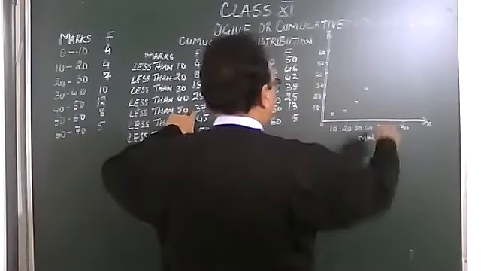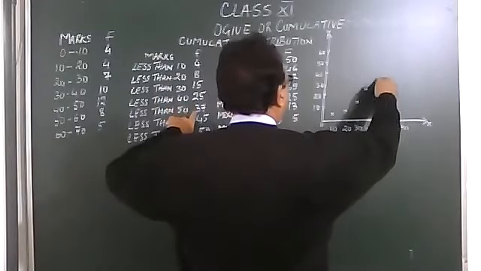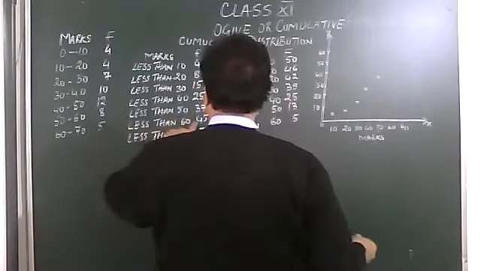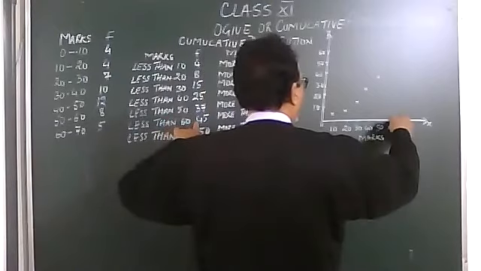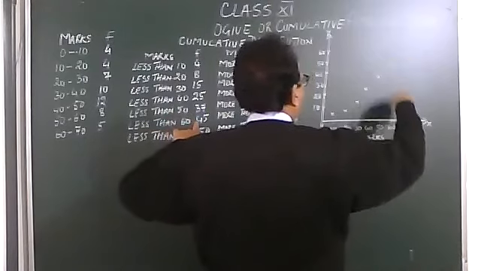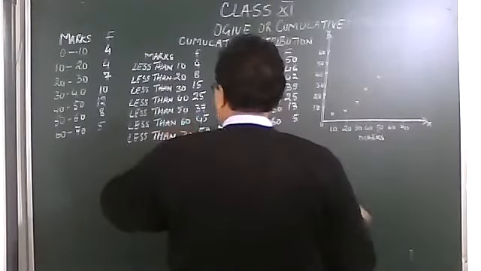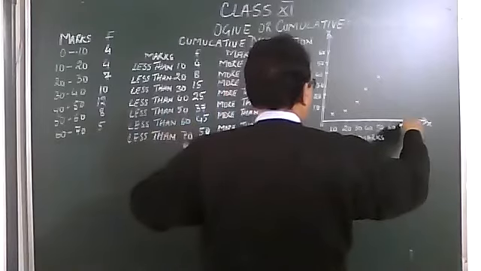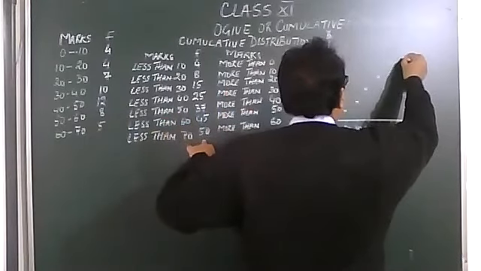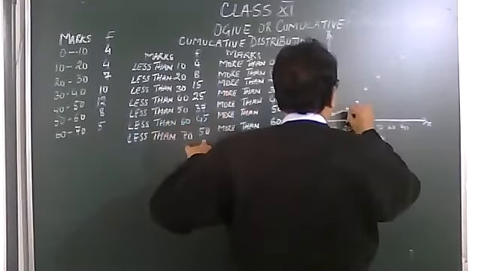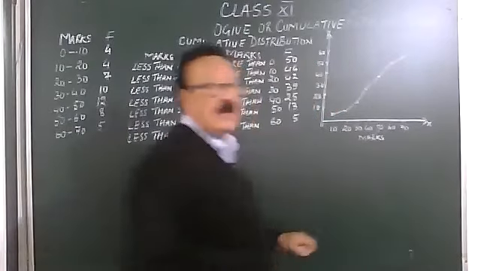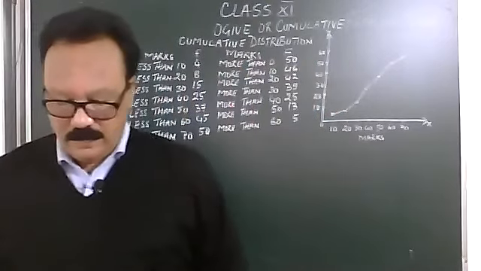Less than 50 is 37. Less than 60 is 45. Use the scale so that you go up straight. And less than 70 is 50. 50 would be here. Joining these points up, we get an upward rising curve.